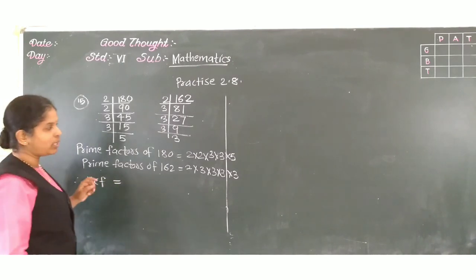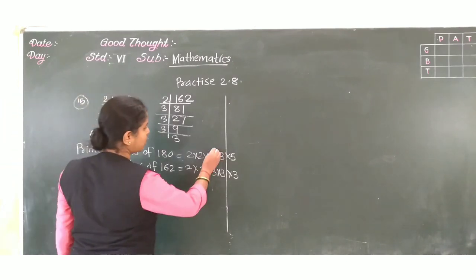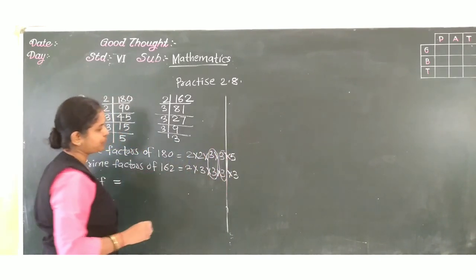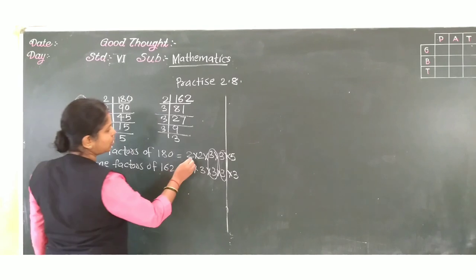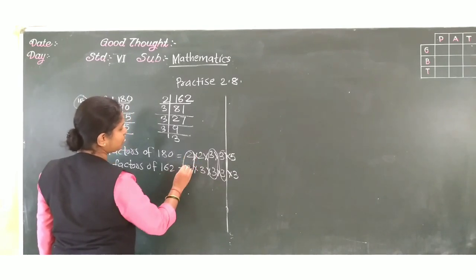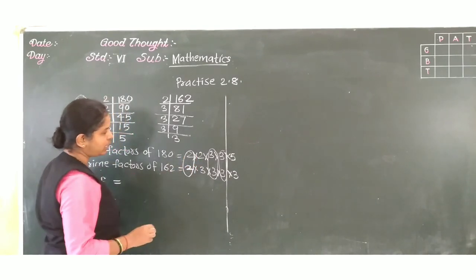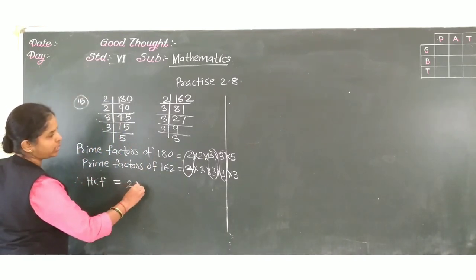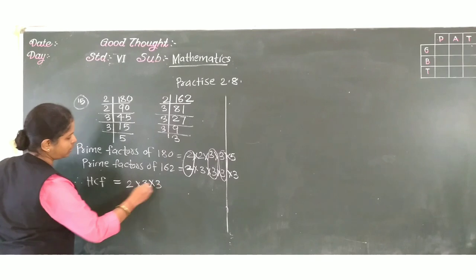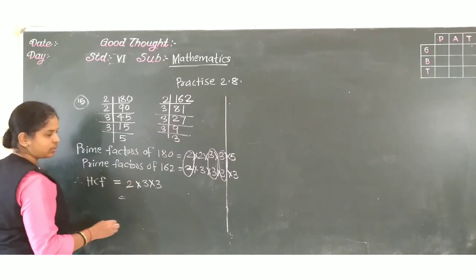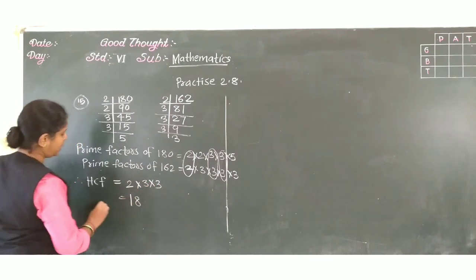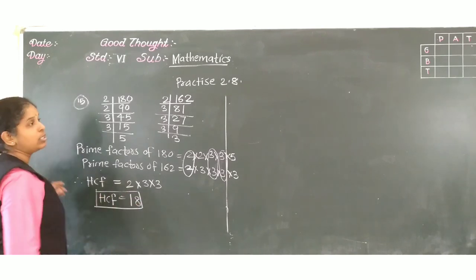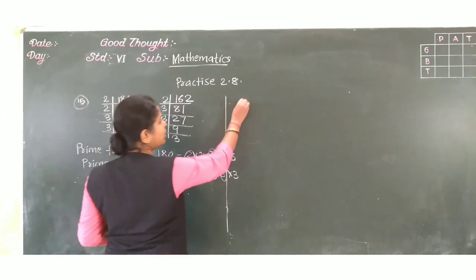Only the common factors. 2, 3 and 3. Is anything else common? No. Therefore HCF is equal to 2 into 3 into 3. 3 3s are 9, 9 2s are 18. HCF we got 18.